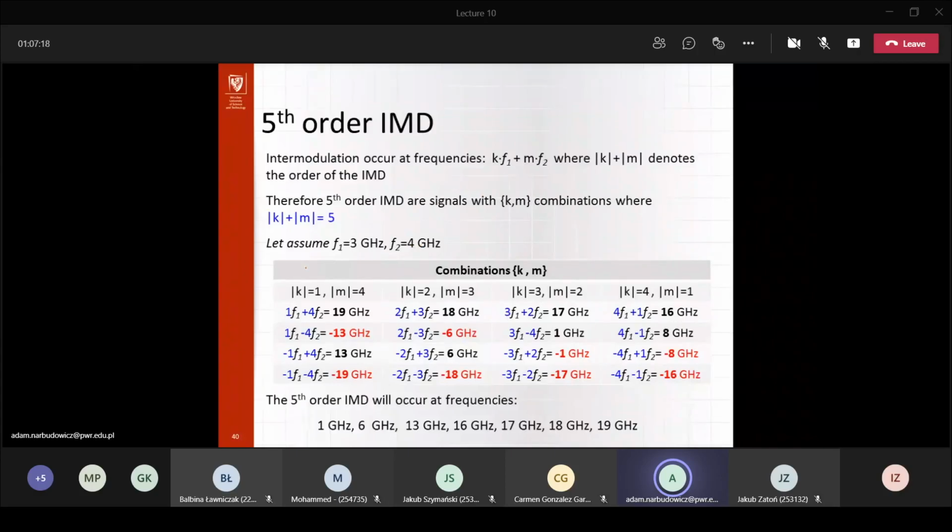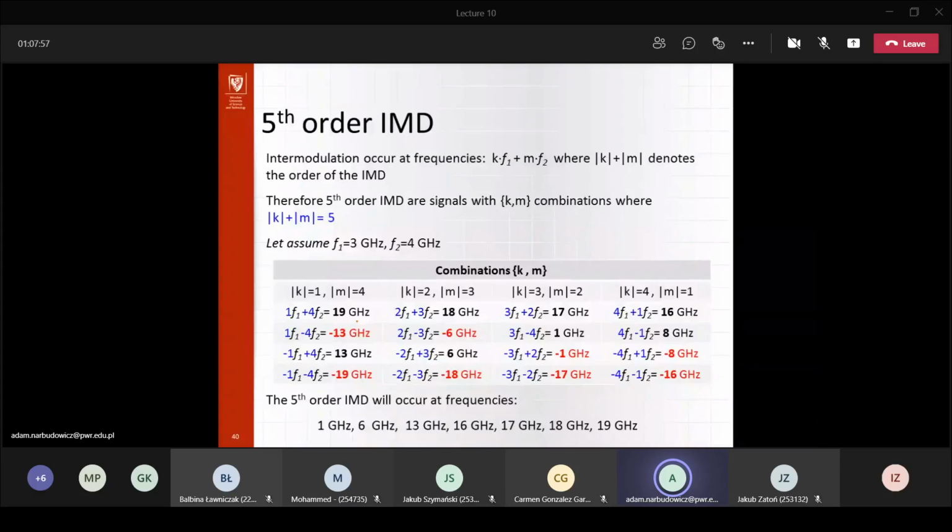So let's try to follow this. We get one frequency, 3 gigahertz plus 4 gigahertz, and we generate a 19 gigahertz signal. That's quite a high frequency component, but it is relatively far away. Then for -1 and +4 we also generate the 13 gigahertz component, which is again another high frequency signal.